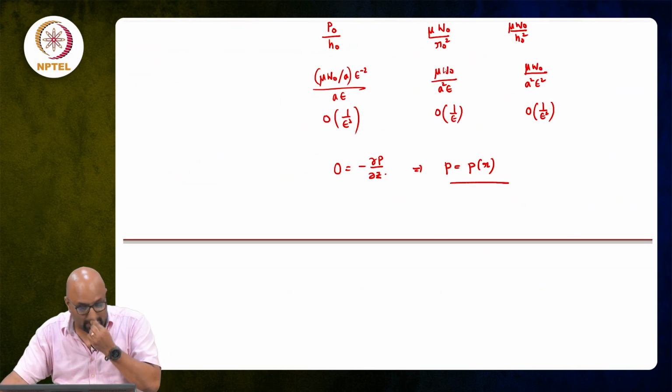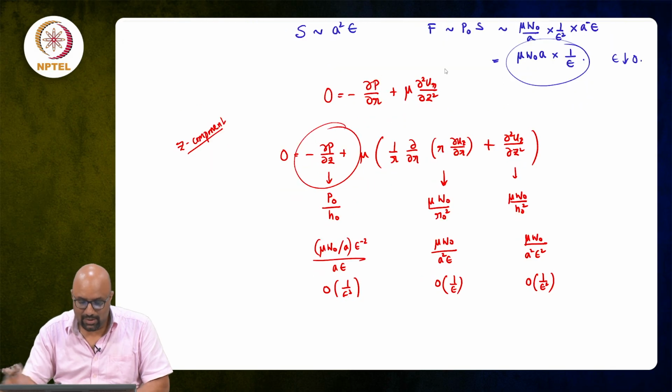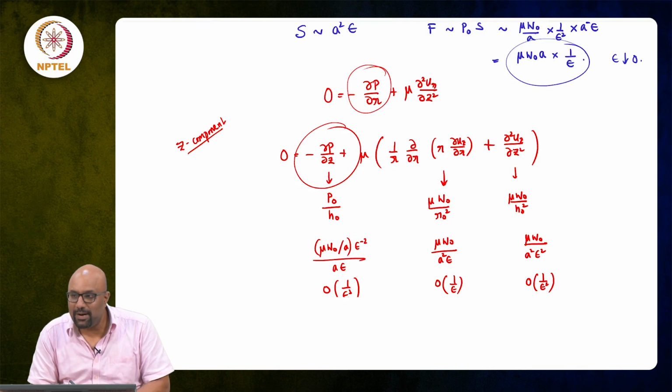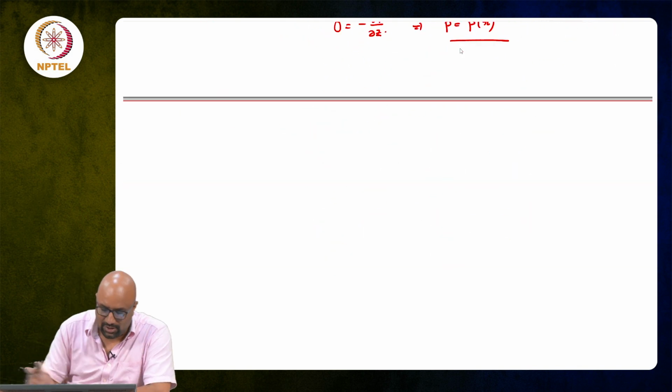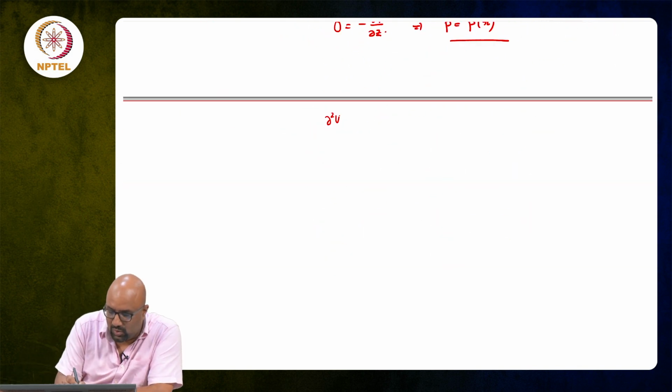Now, this makes it particularly easy, because now dou p dou r is independent of Z, right. So, that equation becomes dou square u r dou z square is equal to 1 by mu dp dr.